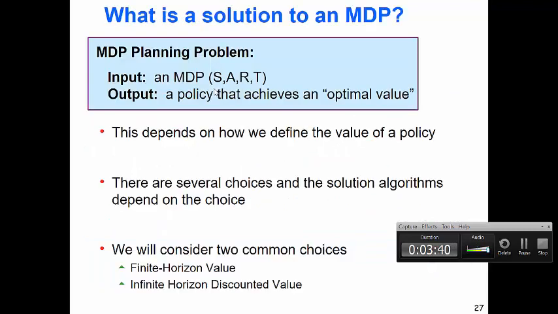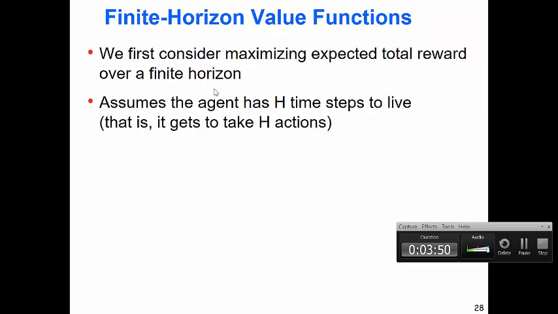And so last time, what we did was start off by talking about one particular way of quantifying the accumulation of reward in the finite horizon setting. And so in the finite horizon setting, we assume that there's an agent, and the agent knows that it has h time steps to live.